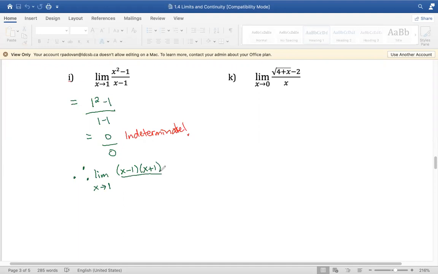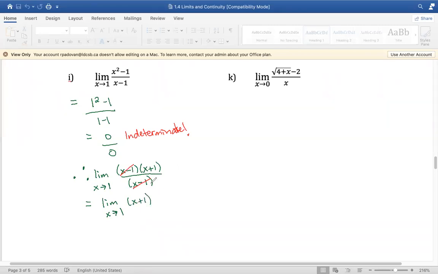And the denominator of x minus 1 I can't do anything with, so I can just keep it, put brackets around it, (x minus 1), and then I think you can see there, I can cancel out my x minus 1, and I'm left with the limit as x approaches 1 of just x plus 1. You can leave it in brackets if you'd like.